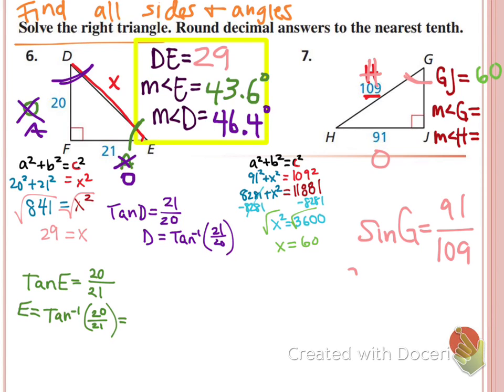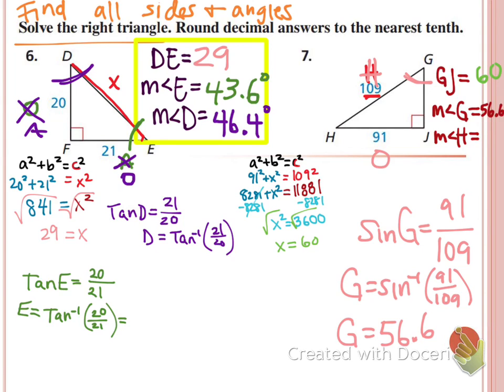All right, so shift sine of 91 over 109, 56.6.